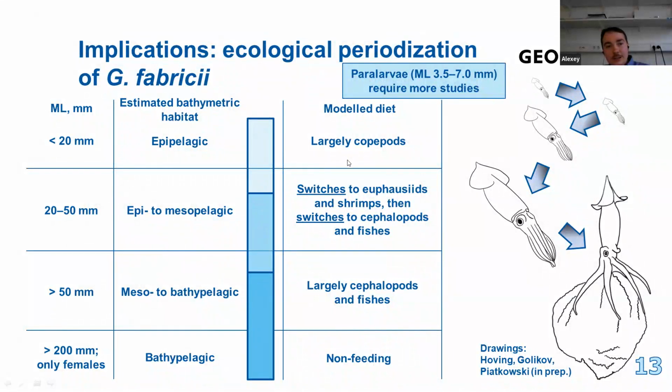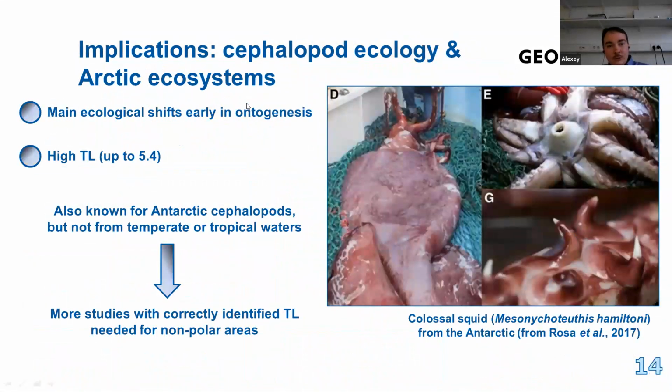If we try to apply this in a more global sense, first application for cephalopod ecology in general, let's link it to the Arctic ecosystems. So many ecological shifts early in ontogenesis and also very high trophic level, almost up to 5.5. It is also known for Antarctic cephalopods, but not in temperate or tropic waters.